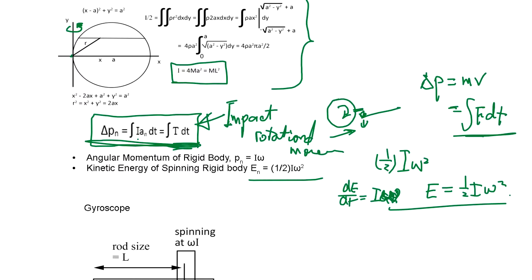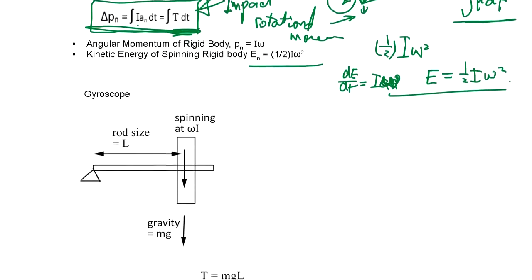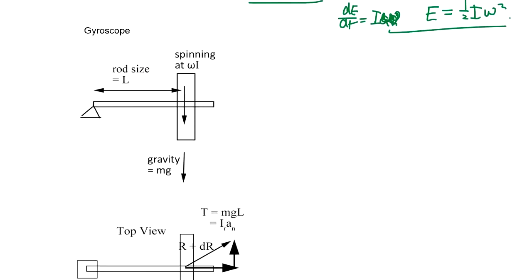So what can you do with this basic moment of inertia? Suppose you have a spinning gyroscope, a rigid body, and one side is supported by this fulcrum, the load side is L, and the gravity is mg. What happens to this? It's going to just fall?